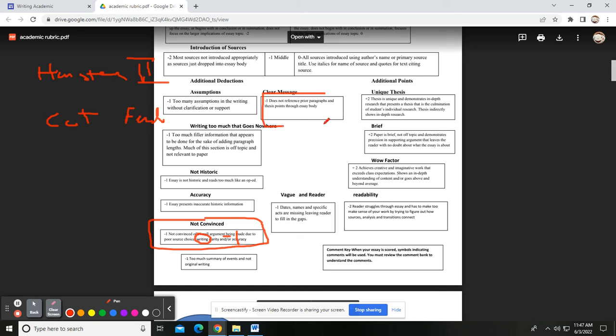I'm looking for a clear message. You do this by referencing prior paragraphs. And when you cite that thesis, you always want to come back and say, well, this or that source, you want to explain how that source supports the thesis you're trying to argue. Is your writing vague? Are you missing information that's crucial for the reader to understand the flow, the context, the history you're presenting? And readability is whether the reader is simply struggling as they read.